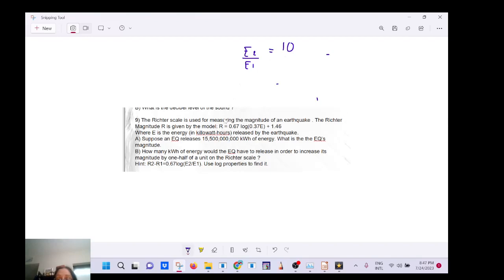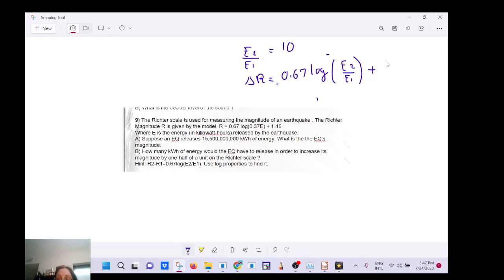What's going to happen on the Richter scale? So I'm going to put delta R equals 0.67 log. That's going to go away, because it's a ratio between the energy of the two earthquakes in kilowatt hour.